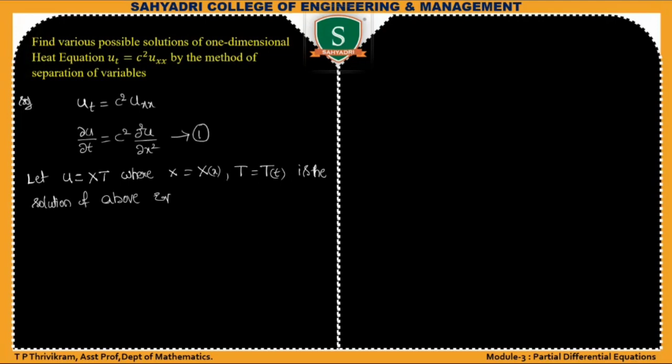If you assume the solution will be of the form like this, substitute this into the equation. So from equation 1, I'll substitute the u value here. What happens? ∂/∂t of the u value, which is XT, where X is a function of x and T is a function of t, is equal to c^2 ∂^2(XT)/∂x^2.